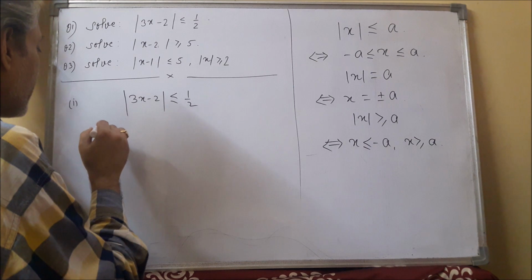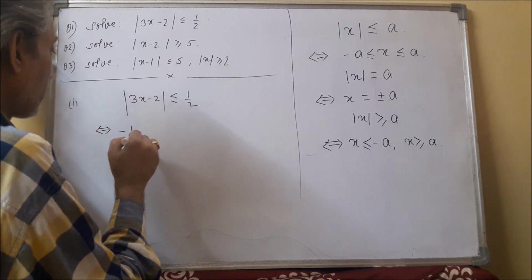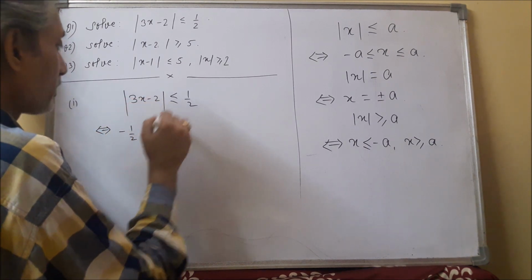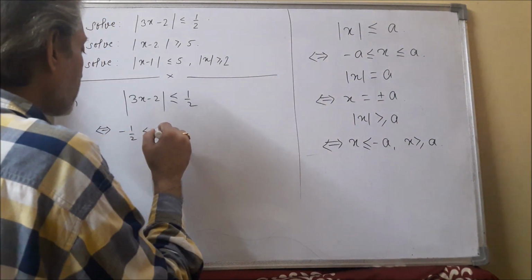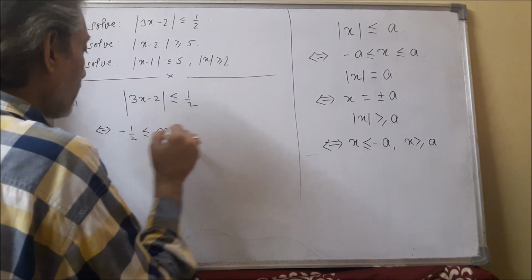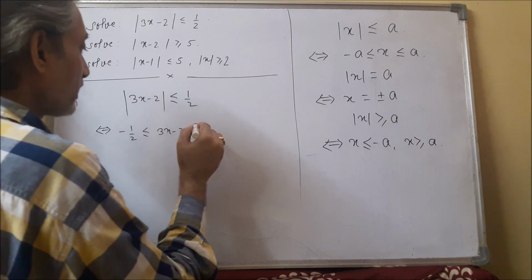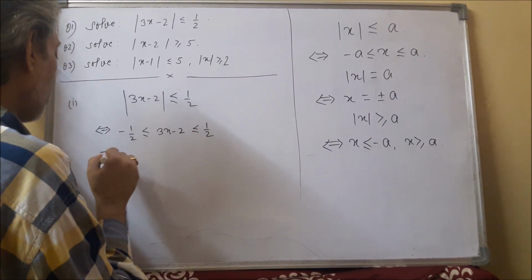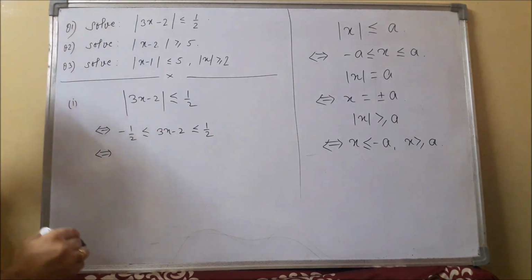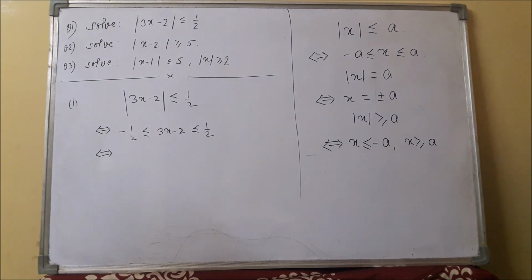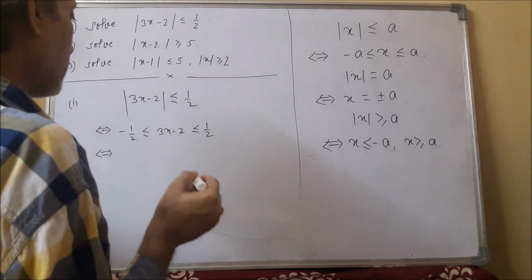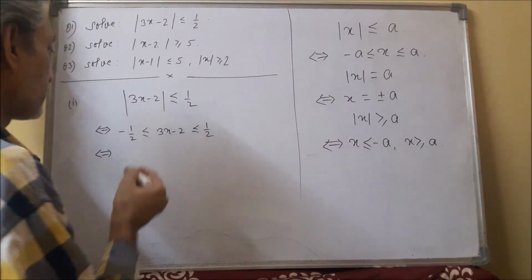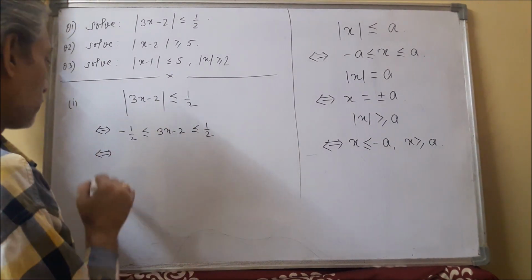In this case, this is the first condition, so we can write this whole thing which is inside the mod as more than or equal to minus a and less than or equal to a. Now just by using simple inequality rules, I am adding 2 to all the three.